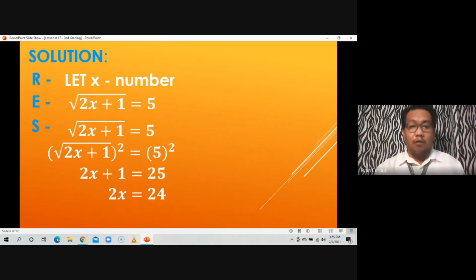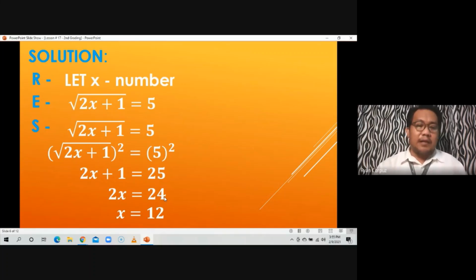Since what we are looking for is x, we still need to divide both sides of the equation by 2, because x here is accompanied by 2. Dividing both sides by 2, on the left side 2x divided by 2, x will be left. On the right side, 24 divided by 2 is equal to 12. So the value of x that we got is 12.